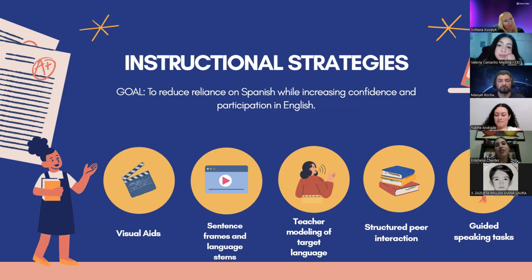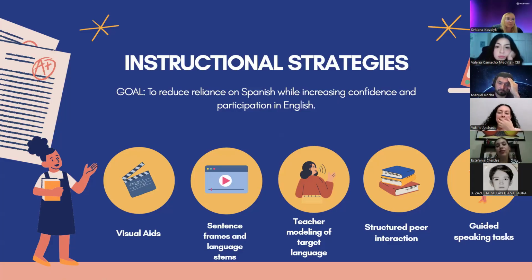My instructional strategies address this issue. I implement several strategies like visual aids, for example post flashcards, or, most of the time when I have electricity, I bring my laptop, my screen, and most of my tools to project something and use listening to practice sentence frames and language themes.